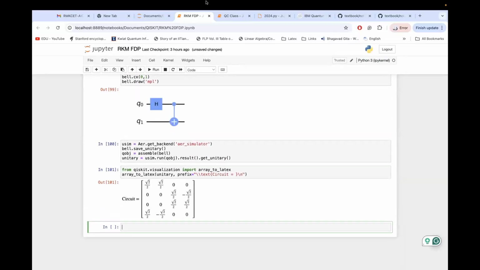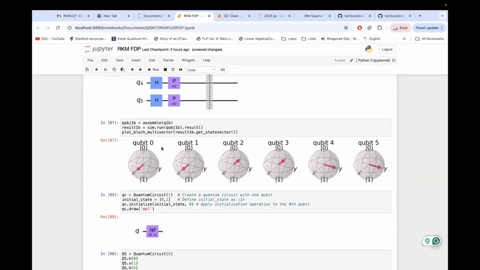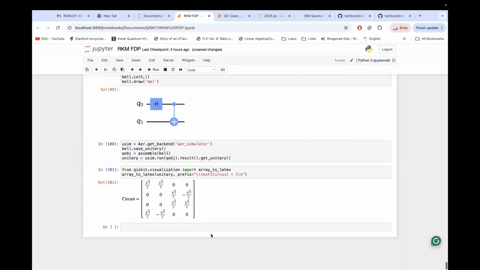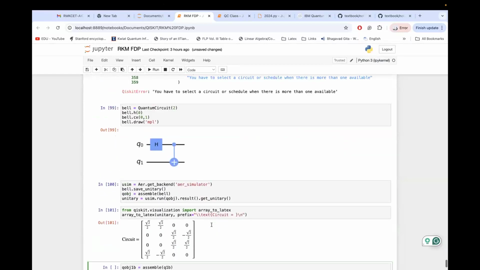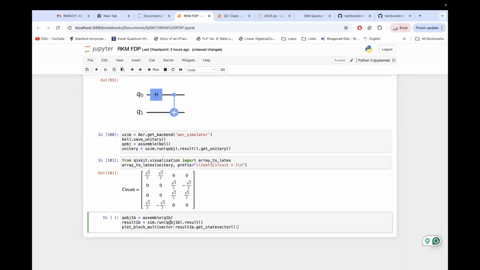So the next thing we can do is see the visual representation for both the qubits after these gate operations. For that, what do we have to use? We have to use this Bloch multivector representation, right? Here the circuit name is bell.